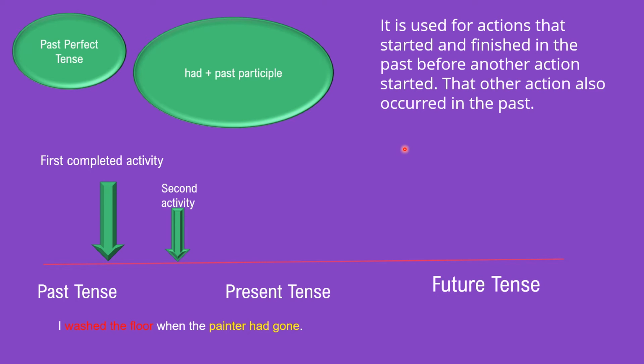I'll give you a definition here. It is used for an action that started and finished in the past before another action started. That other action also occurred in the past. Same thing I told you: two activities started and got over somewhere in the past.